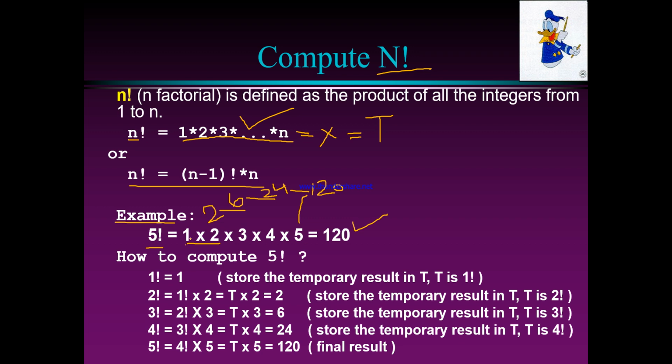So what we are doing is multiplying two constants, two digits, and getting the result 2, and that result is multiplied with another constant and we get a result again, and that result is again multiplied with another constant and we get another new result, and that new result is multiplied with 5, and ultimately we get the required result, 120.